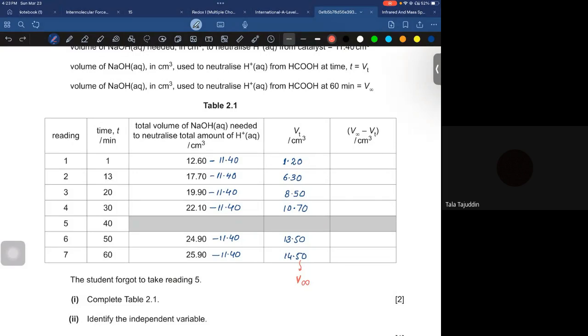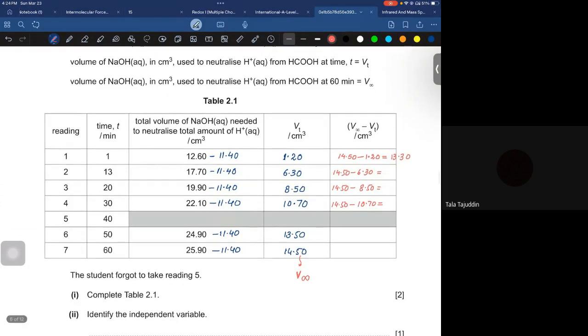So what I would be doing, 14.50 minus 1.20 would be equal to 13.30. Then 14.50 minus 6.30 would be equal to this. 14.50 minus 8.50 would be equal to this. 14.50 minus 10.70 would be equal to this. 14.50 minus 13.50 would be equal to this.